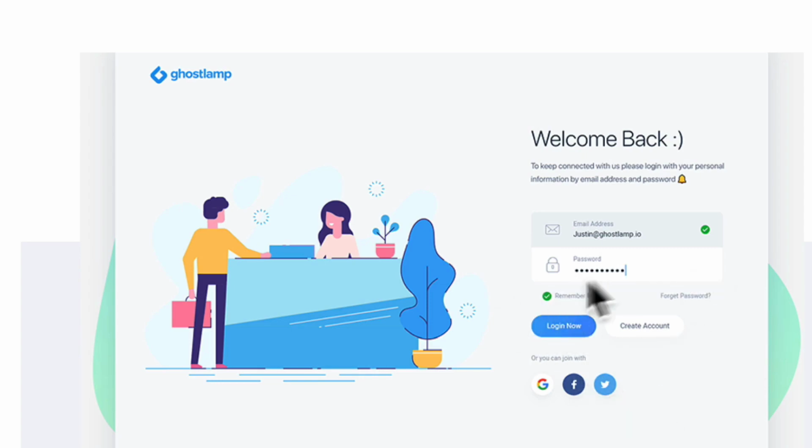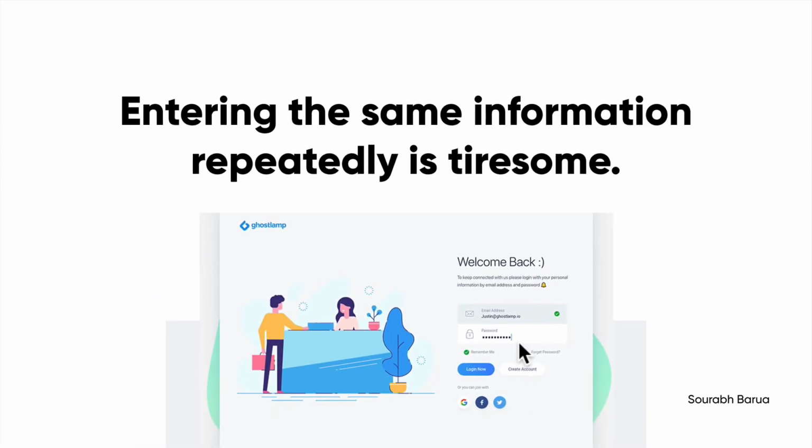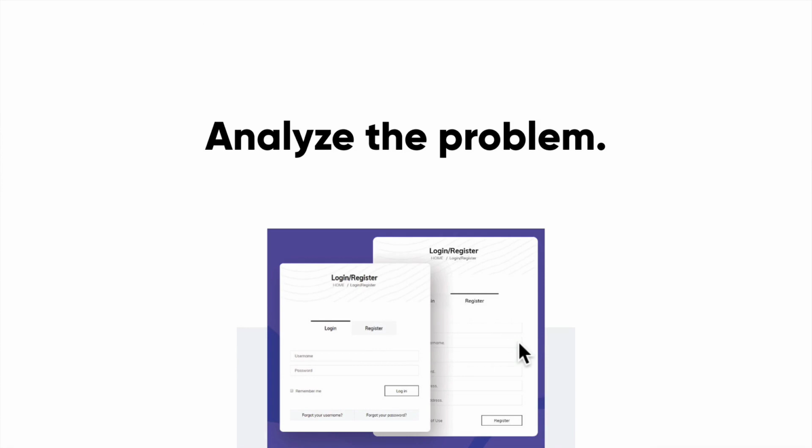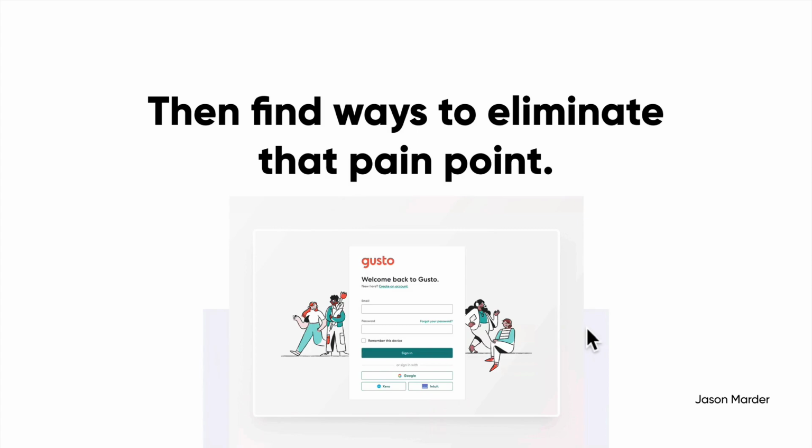These are design patterns. Now, the first step is finding the problem. Users understandably are short on time and patience from having to complete small tasks repeatedly to access their information or get their work accomplished. So in this case, our problem is that users want to sign in quickly. Now, we often try to find ways to eliminate that pain point.